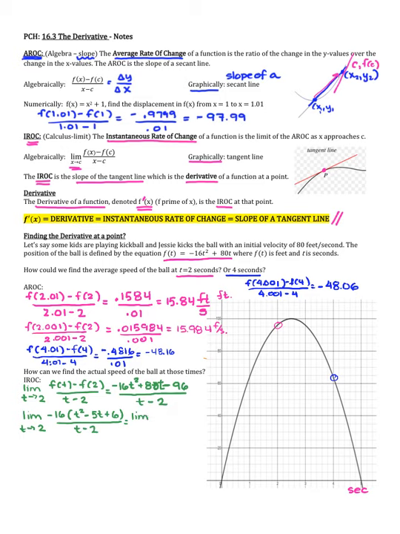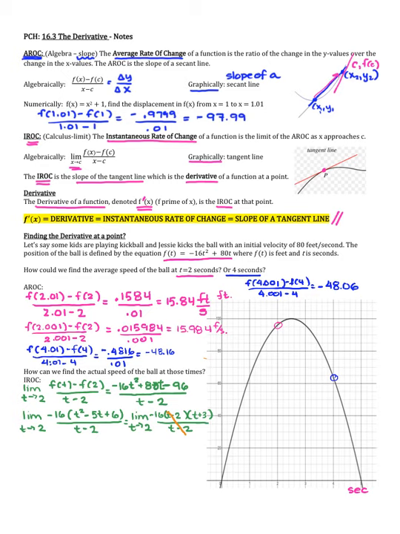And again, we're still taking a limit, but now I can start to simplify this. So on top, I still have the negative 16. I can factor this into t minus 2 times t minus 3, over t minus 2. So you can see that this factor now cancels, which is what we want.